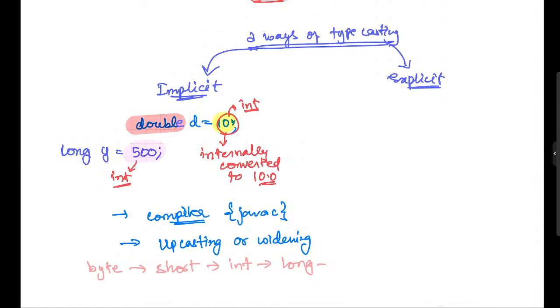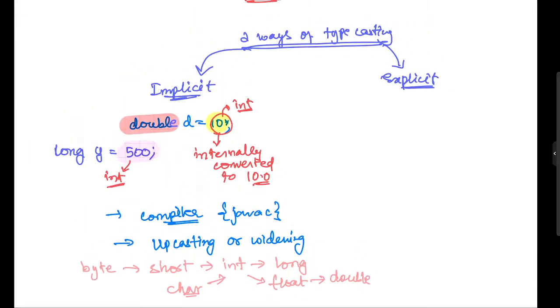So from int it will also upcast to float, and from float it will upcast to double. That is how this particular table is. And char comes somewhere between here. So if you assign a character to an integer, it's fine. But if you assign an integer to a character, then that is a problem.